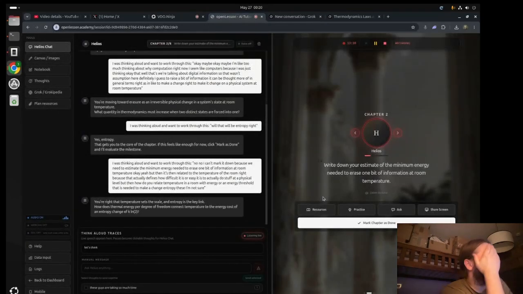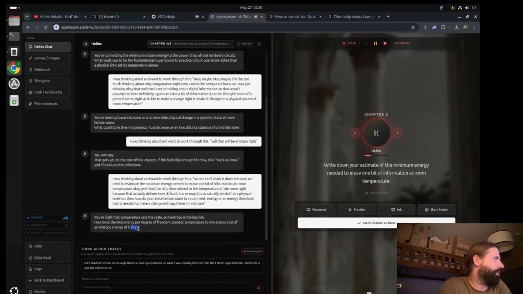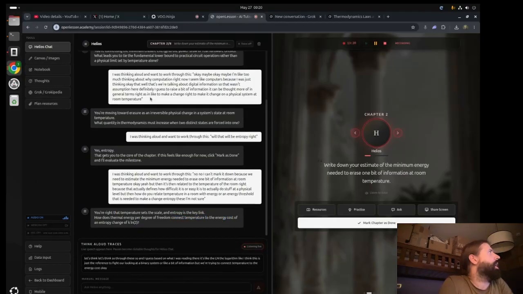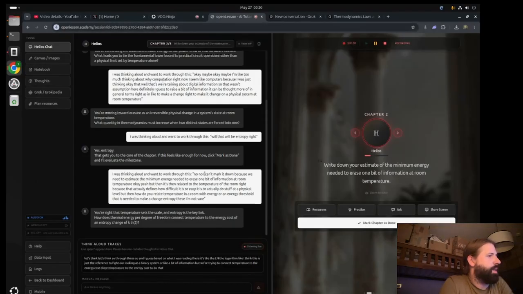Let's think through these. Based on what I was reading there, the ln, the logarithm, is just a reference to the fact that we're looking at a binary system, a bit of information. But we're trying to connect temperature to the energy cost to do that.